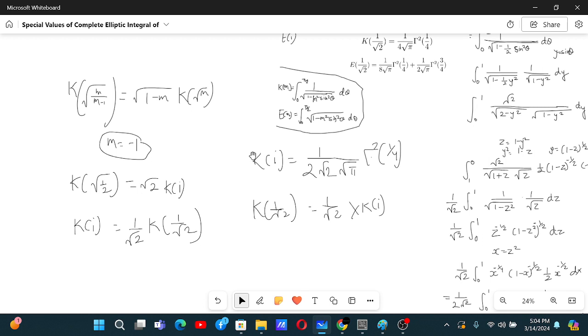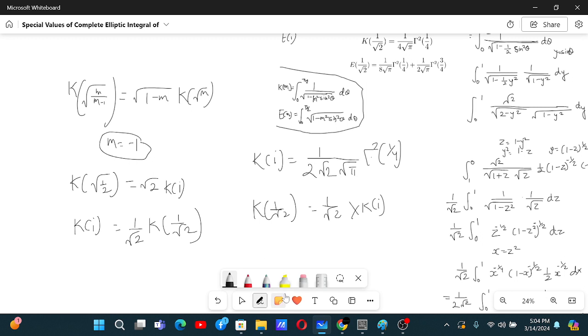K of square root of m by m minus 1 is equal to root 1 minus m times K of root m. If we put in minus 1, we get K of 1 by root 2 equals square root of 2 times K of I, and then K of I equals 1 by 2 times K of 1 by root 2. Oh, the problem is this is not 2 root 2.